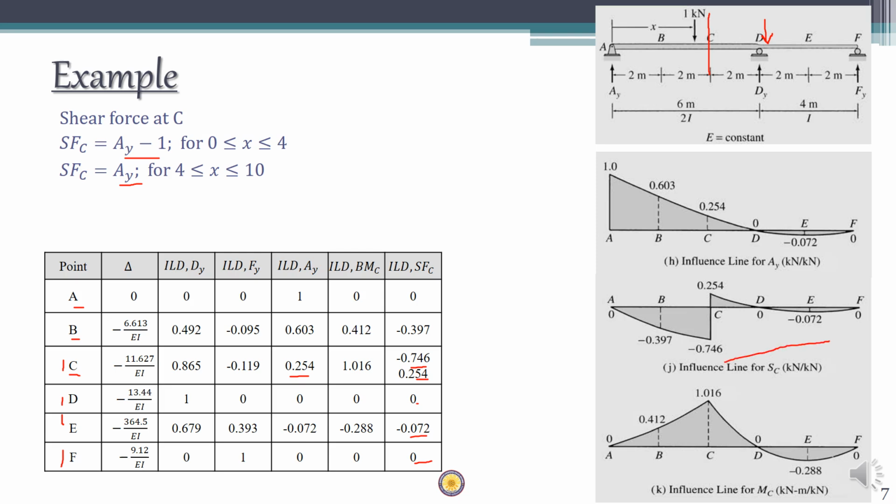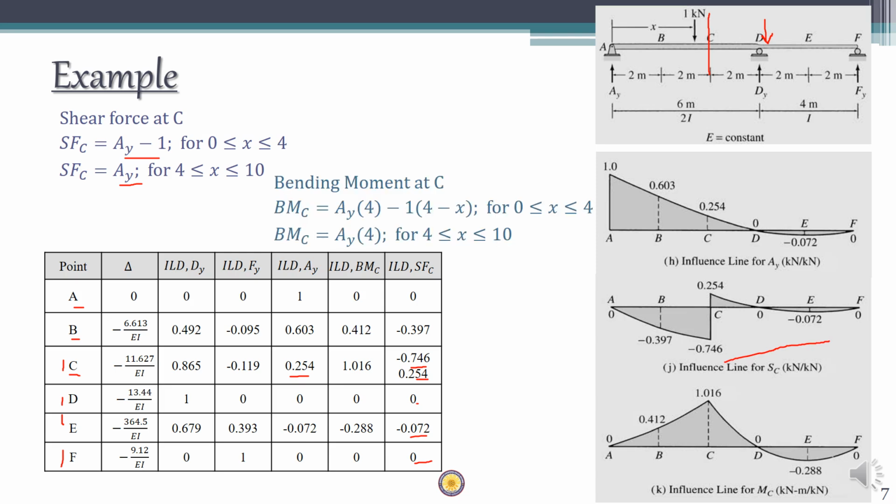Okay. So similarly, you can draw the bending moment diagram as well. So initially, you will consider that the unit load is on the left hand side of C. So the bending moment at C is going to be ay into 4, which is this distance, minus 1 into 4 minus x.